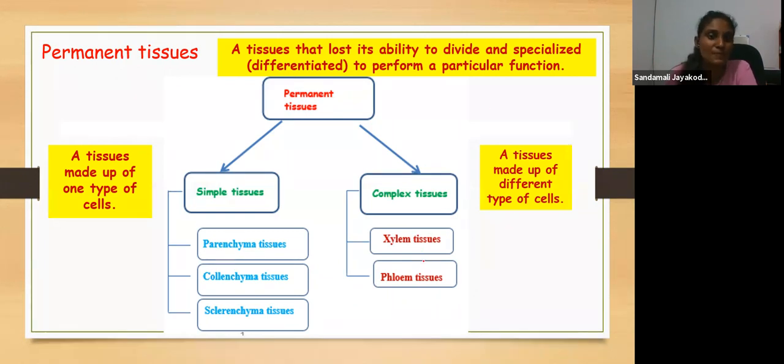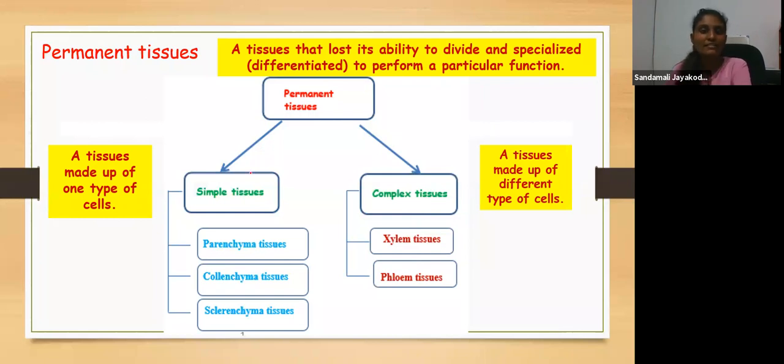In the case of xylem, it performs a specific function. It has a unique function to do. And then phloem tissue is doing another function. In this way, they have a particular function. Simple tissue contains only one type of cell, but complex tissues have a few different types of cells.